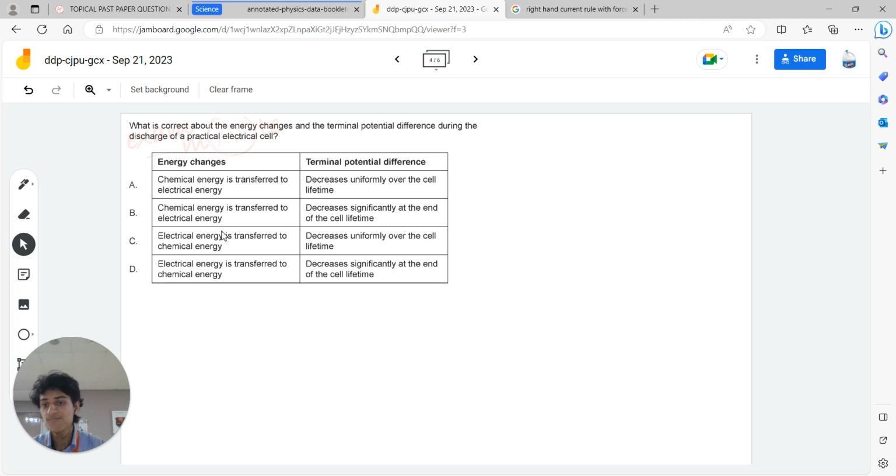So straight away we can eliminate options C and D. In terms of potential difference, in a loop around the circuit, all of the potential energy is used up by the end, as the current comes back around to the cell. So it decreases significantly at the end, because the amount removed at the end is equal to the amount at the start. So the correct answer is B.